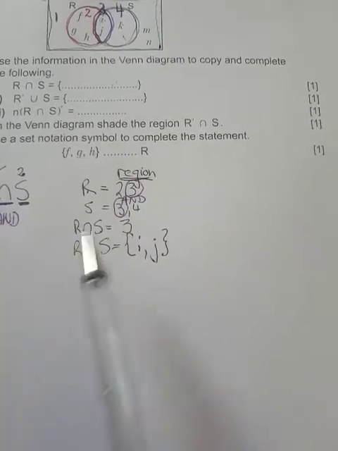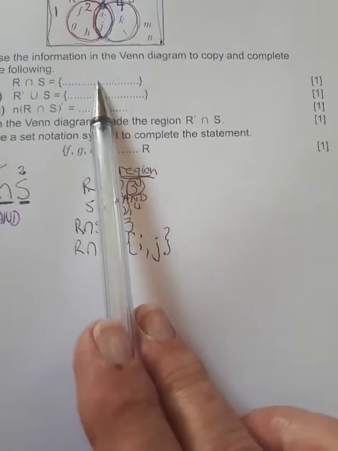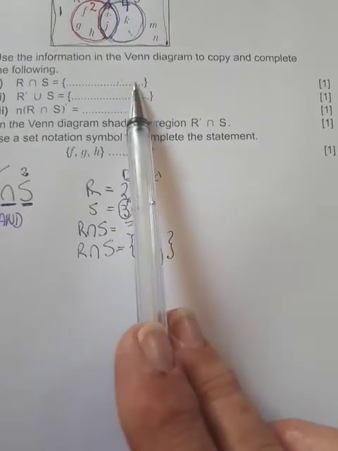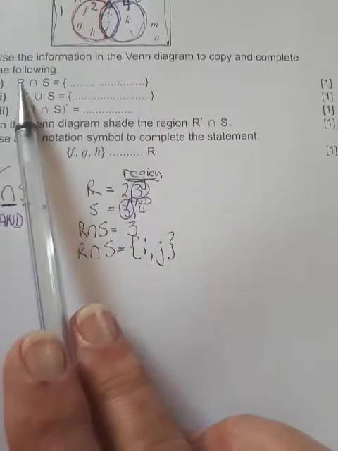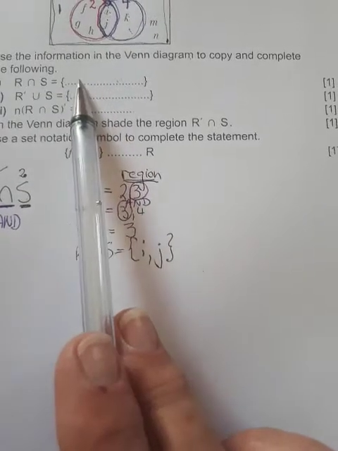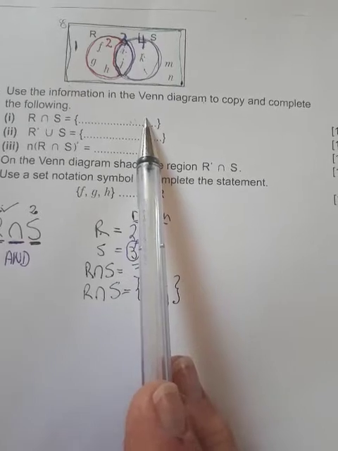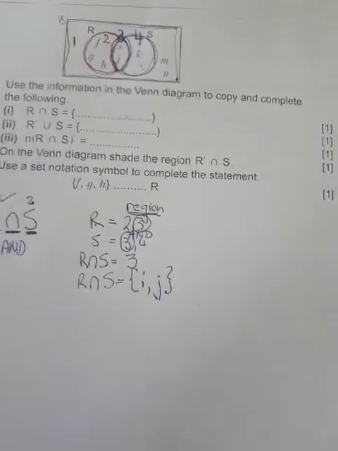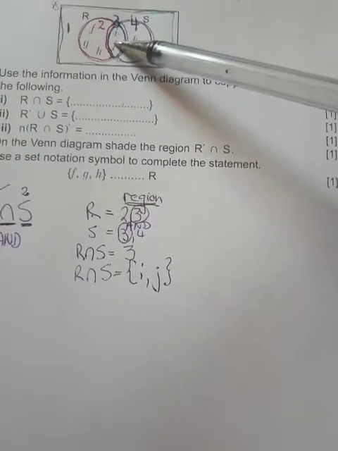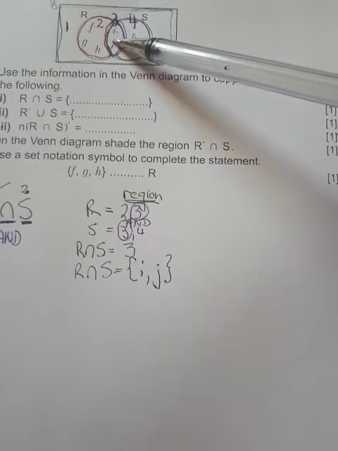But now they are asking you to actually complete this. So you must write the set of R intersection S, which means you must write the elements, and the elements are the ones given in the Venn diagram.